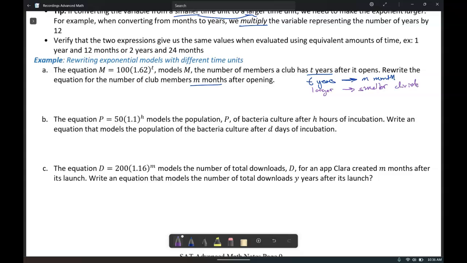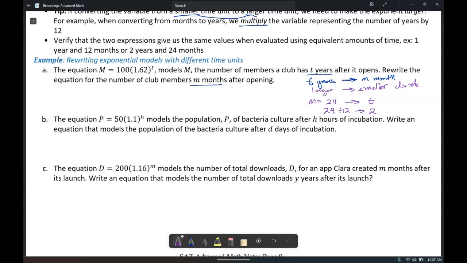And let's think about it this way. You want to be able to evaluate the equation for some number of months. Well, if I want to plug in a value, say M equals 24, and use this value as my exponent, then in order to take the 24 months and use it in the original equation for T, we have to take 24 and divide it by 12 in order to get the equivalent number of years to use with the formula.